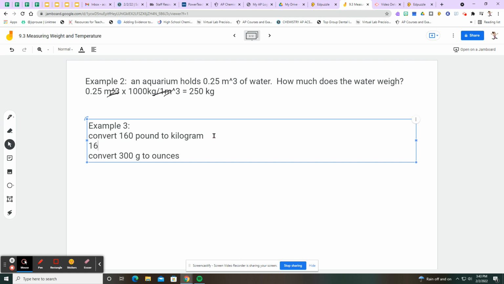So start with what you're given, 160 pounds. Now, if I want to get rid of pounds, pounds is going to have to be in the denominator. So I put pounds in the denominator. I look in my table, and I see that 1 pound is the same thing as 0.45 kilograms.